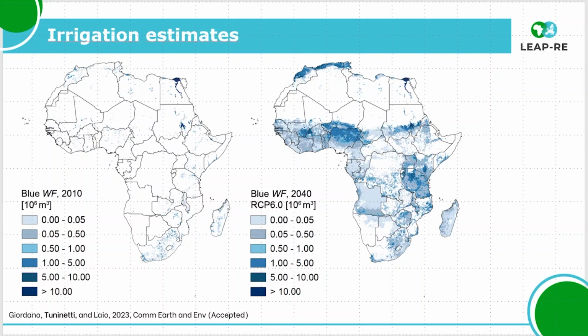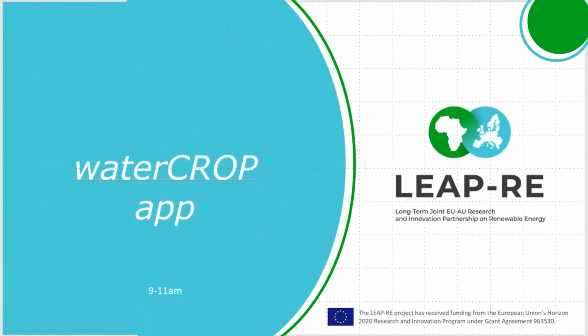With this app, you're able to run water simulations along the entire Africa by selecting an input latitude and longitude, selecting a specific crop, and choosing scenarios of interest. In another tutorial, I will also explain how to use the 2 main codes developed for the WaterCROP software, which in that case requires the MATLAB installation.